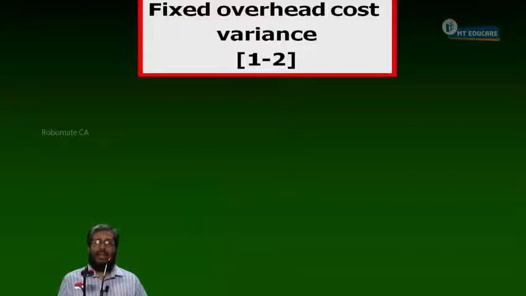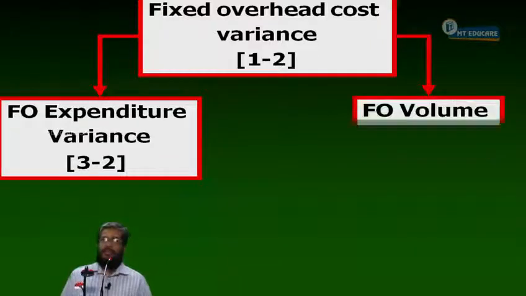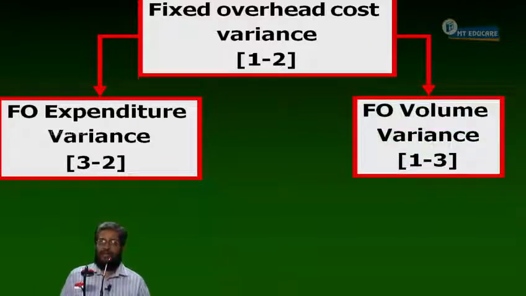First branch is fixed overhead expenditure variance, 3 minus 2. Second branch is fixed overhead volume variance, one of the villains of this chapter, 1 minus 3. There will be many discussions about this through this chapter.